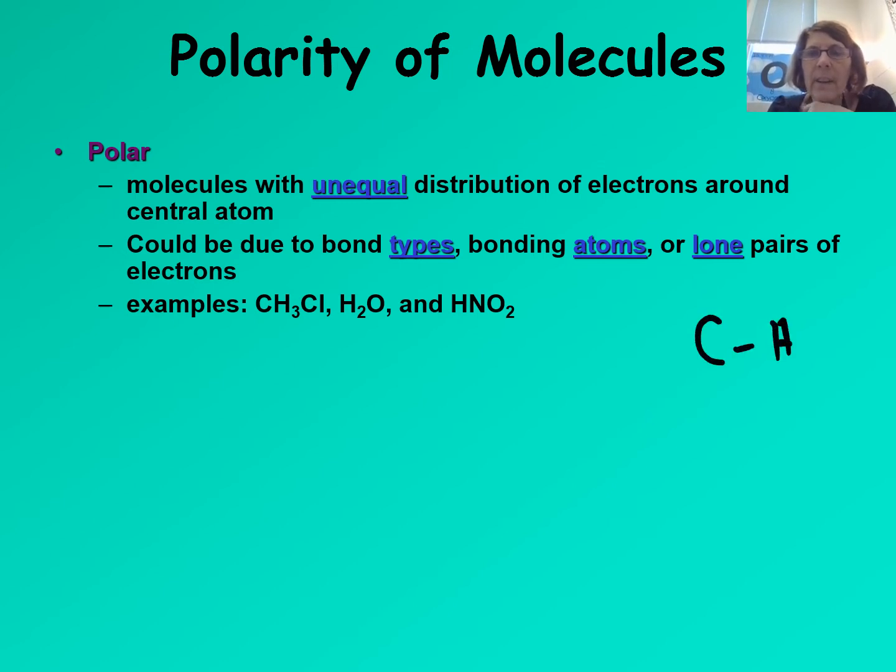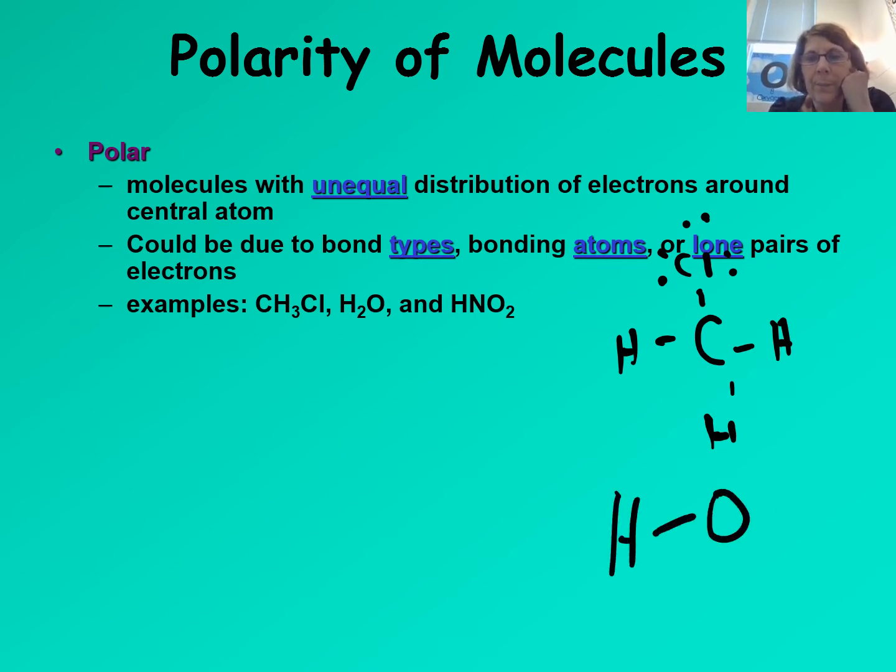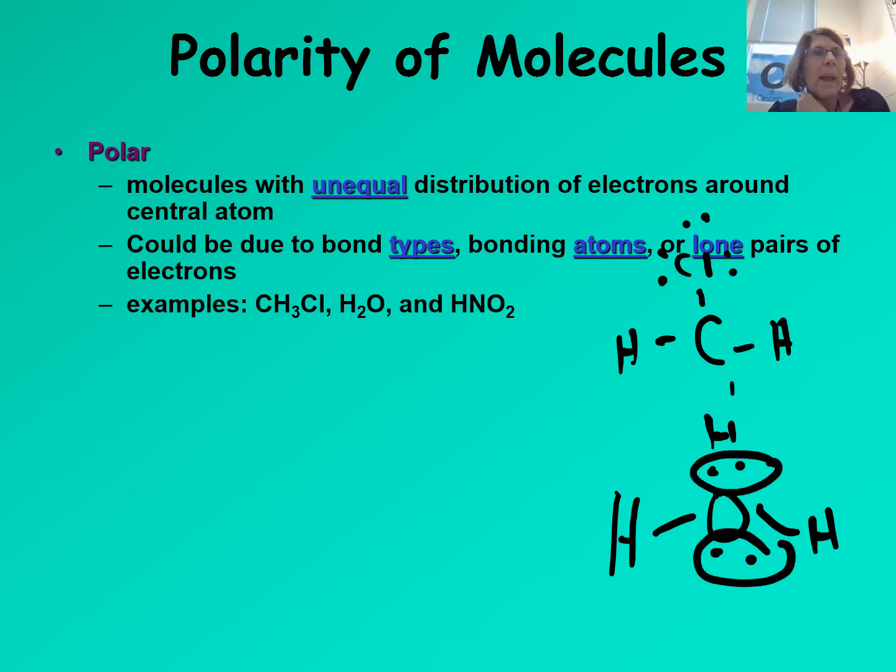So we have the 3 hydrogens and the Cl. Because there's a different element, a different atom than hydrogen, that would be considered polar. Another example would be water. These are called lone pairs. It automatically bends it and also makes it polar.